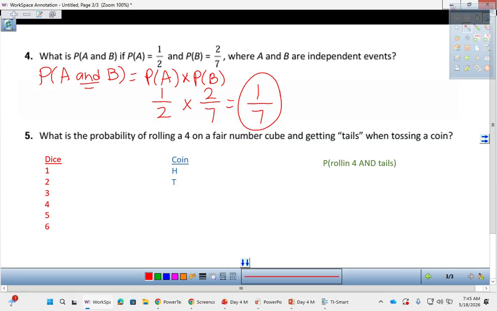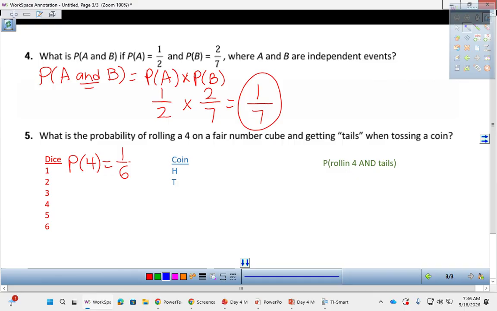The last one says, what's the probability of rolling a 4 on a fair number cube and getting a tails when tossing the coin? So the first thing I need to do is find the probability of getting a 4. A fair number cube has 6 numbers. How many of those numbers are 4s? 1 out of 6. So the probability of getting a 4 is 1/6. A coin has 2 things, a heads and a tails.